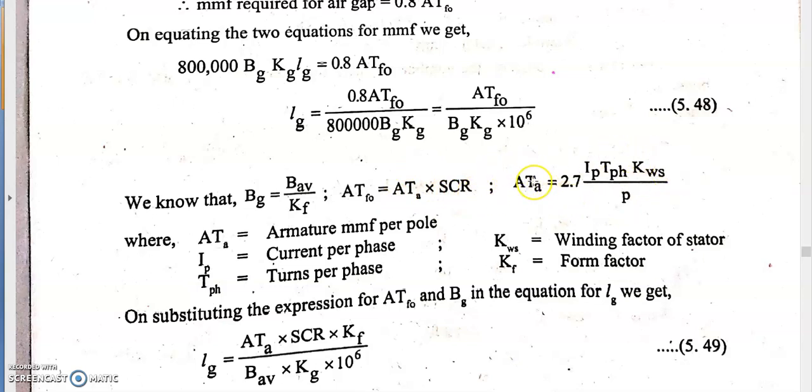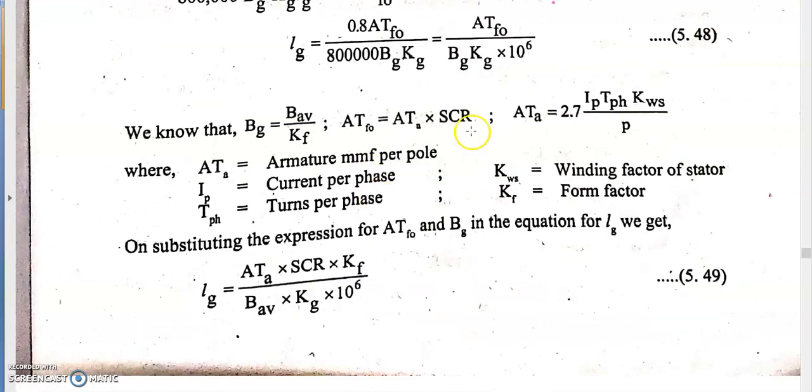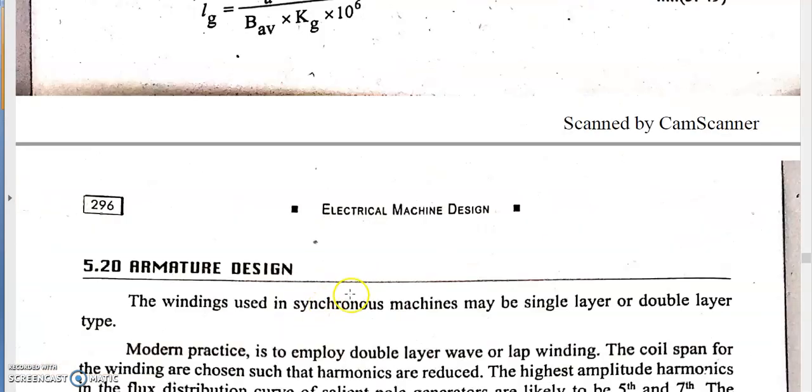This is the equation for armature ampere turns. And then we are substituting for ATf naught this value, ATa this value, and then Bg is B average by Kf, Kf is the field form factor. So we are substituting in terms of B average and Kf. So this is the final equation to calculate the length of air gap.